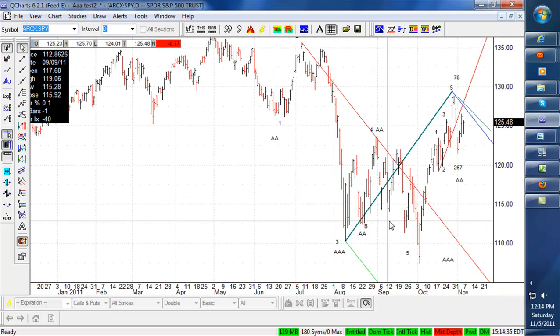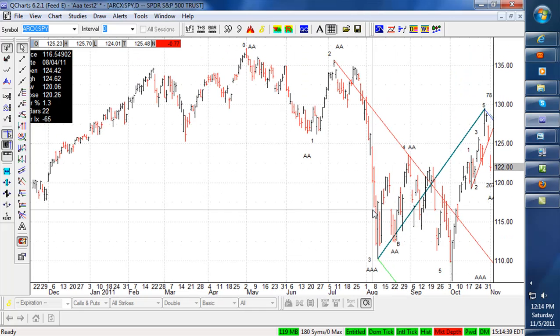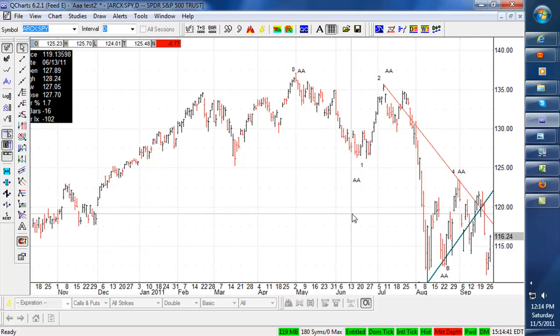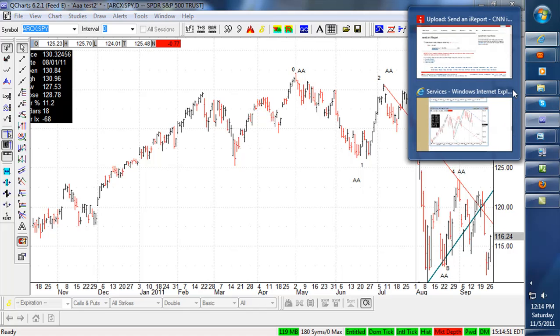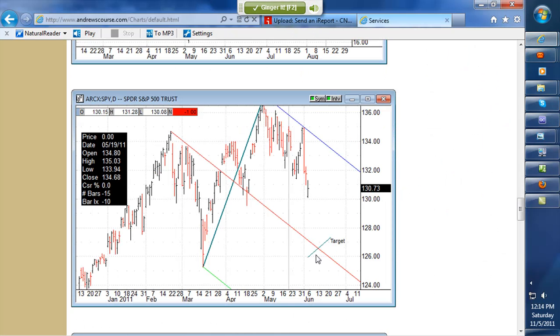So this was in June. Let's see, where are, whoops. In June, no, that's not right. Here's June. Okay, so let's see what this is, about 130. And then what was the target? Let's take a look at this again. So the target was at about 127 and prices were about 130 in June. Let's see what actually happened.